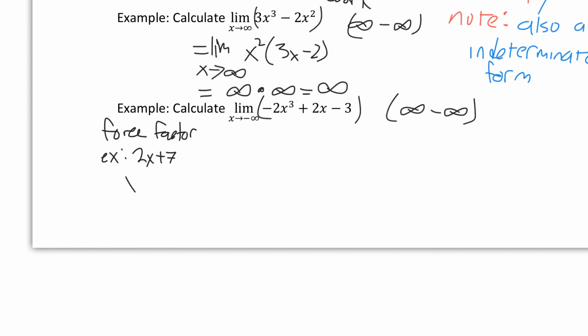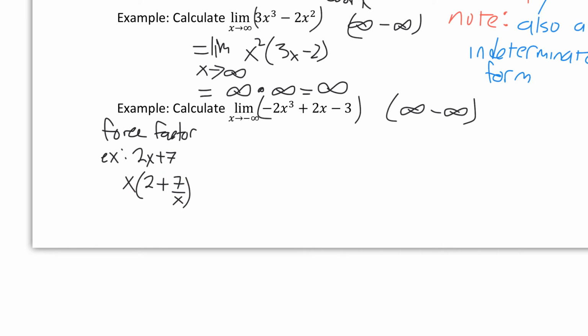But I think you could factor out an x because you'd be left with 2 plus 7 over x. Now, that seems like it breaks all the rules, but let's go ahead and multiply back. x times 2 will be 2x. x times 7 over x will be 7.